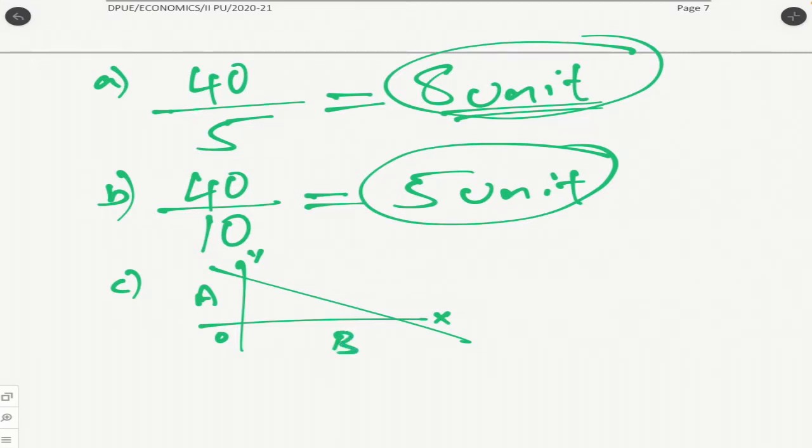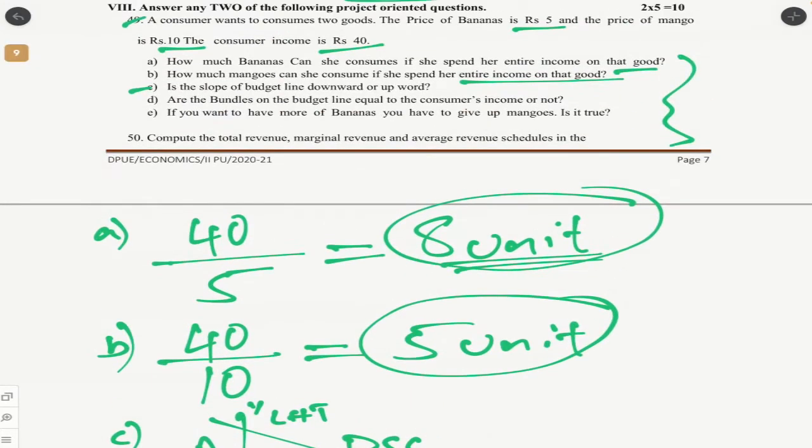Then we get a curve which slopes from left hand top to right hand bottom. So this is a downward sloping curve. So budget curves are downward sloping curves. The answer here is it is definitely downward. Very simple. We get 1 mark for this.